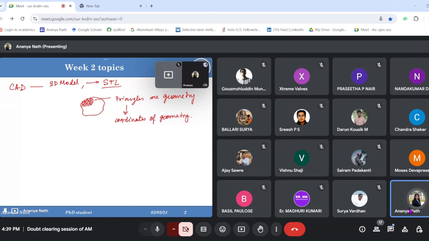Now you have already divided the whole surface into triangles. So obviously triangles have three vertices and three lines. So basically 3 points making three lines. So these three vertices will be the coordinates of a particular triangle.